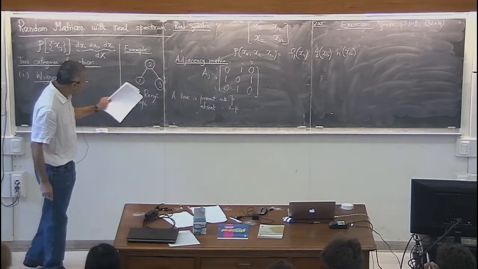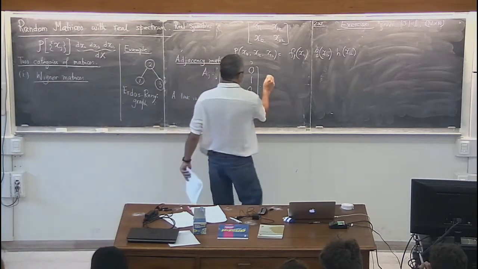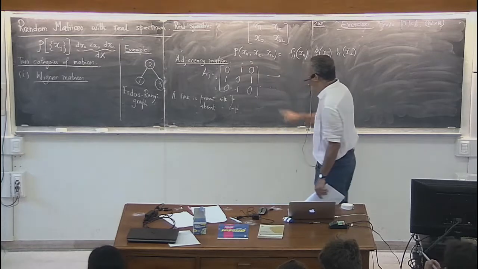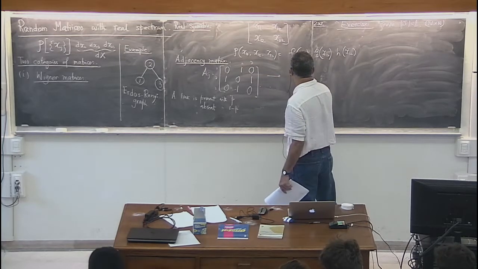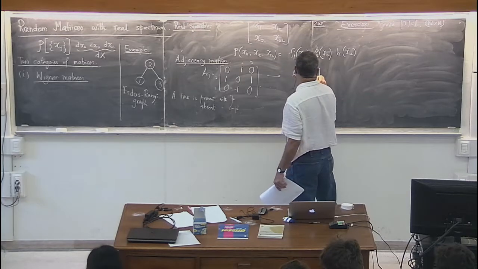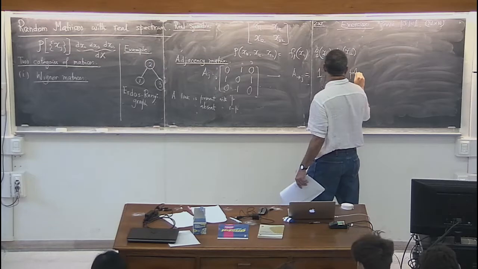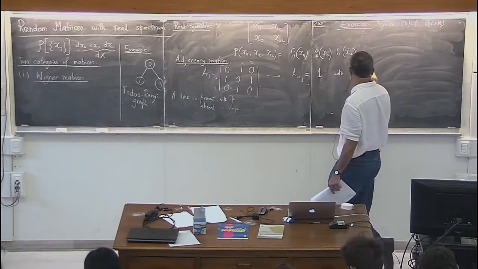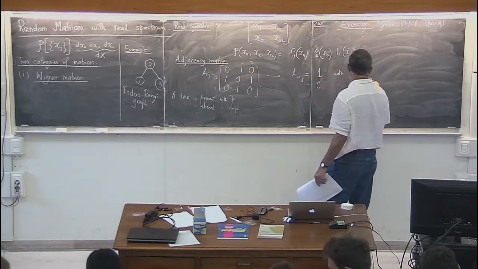So we have assigned randomness to the graph, which induces a randomness in the adjacency matrix. Now the off-diagonal elements of this matrix, for i not equal to j, are either 1 with probability p, if that link ij is present, and 0 with probability 1 minus p.